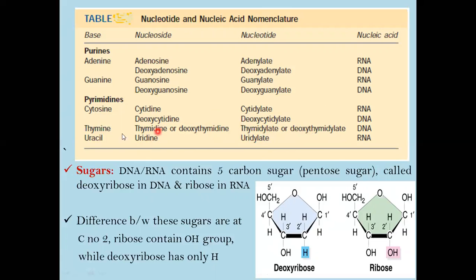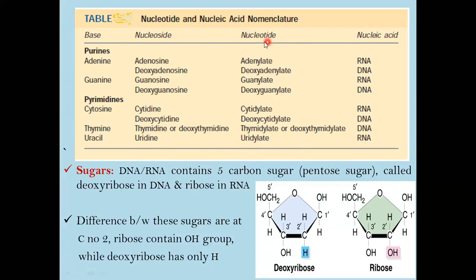Uracil, which is only present in RNA, when it is a nucleoside is known as uridine. When it is a nucleotide, it is known as uridylate, which is present in RNA. So these are the nitrogenous bases and their nomenclature as nucleoside and nucleotide.